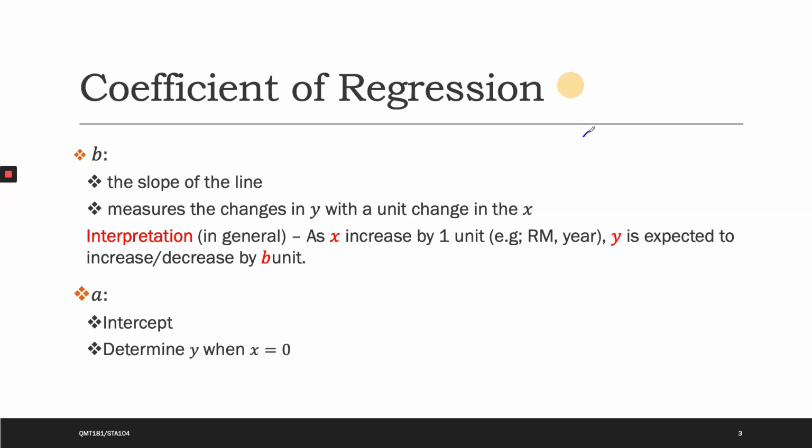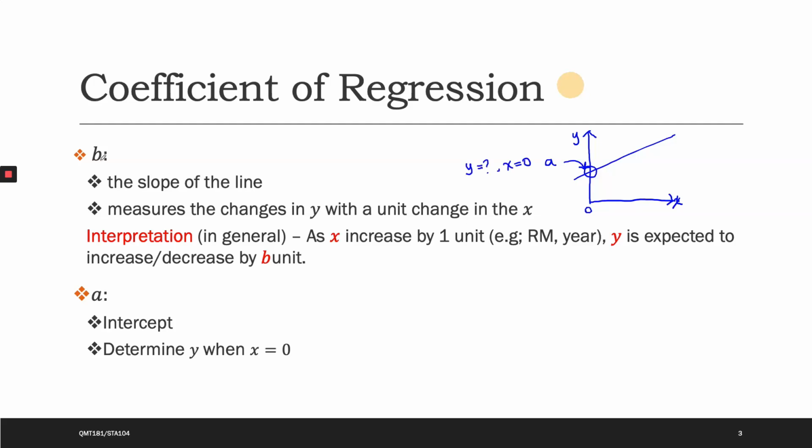We represent the information in terms of a graph to have a better understanding. So this is your x-axis, this is your y-axis. This is a line. The value here is the intercept. This intercept is represented by the symbol a, the value of y when x equals 0.